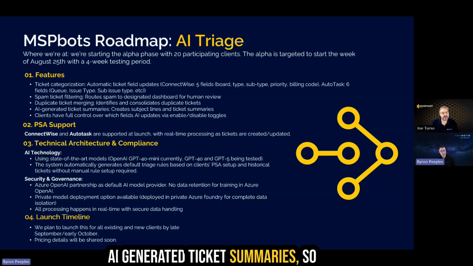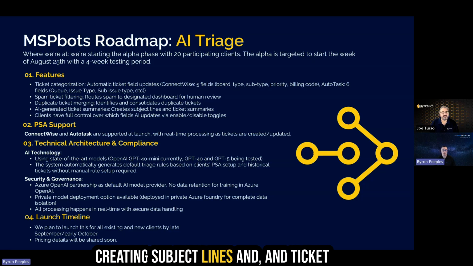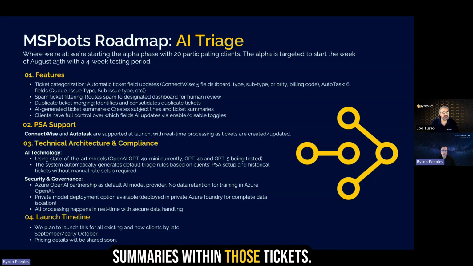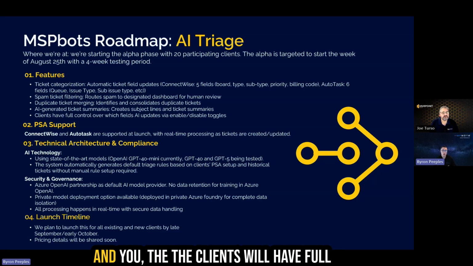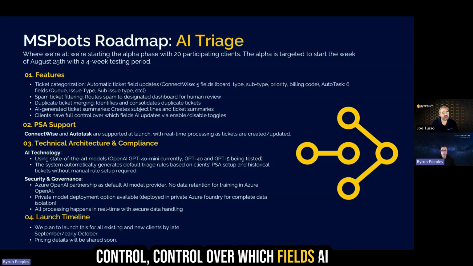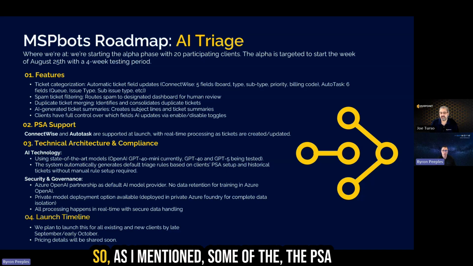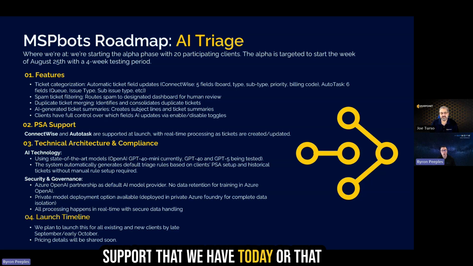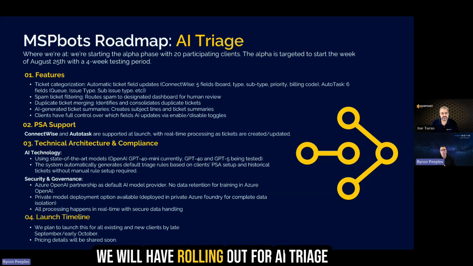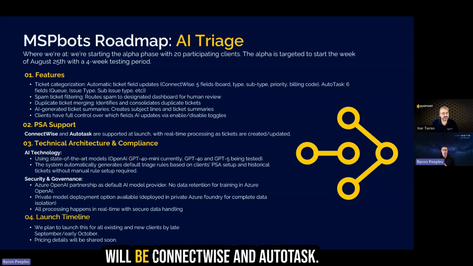AI-generated ticket summaries, so creating subject lines and ticket summaries within those tickets. And the clients will have full control over which fields AI updates via enable and disable toggles. As I mentioned, the PSA support that we will have rolling out for AI triage will be ConnectWise and Autotask.